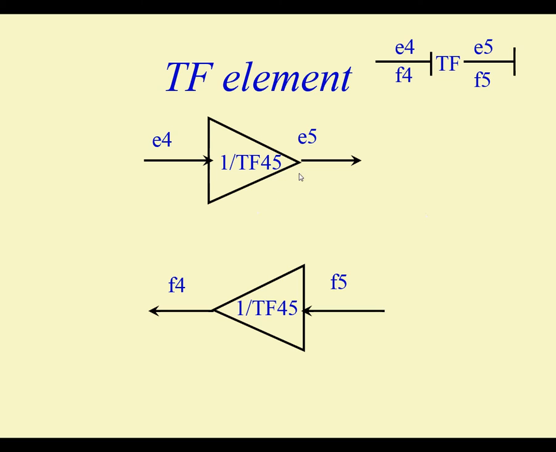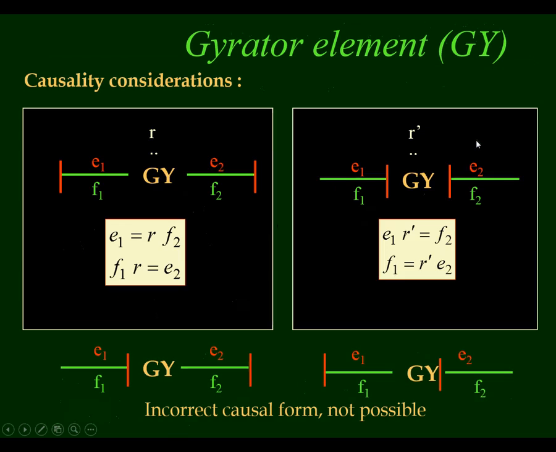So how would this look? The equation here says E sub 5 is equal to 1 over T, the transformer ratio for 5 times... So that's the TF element.